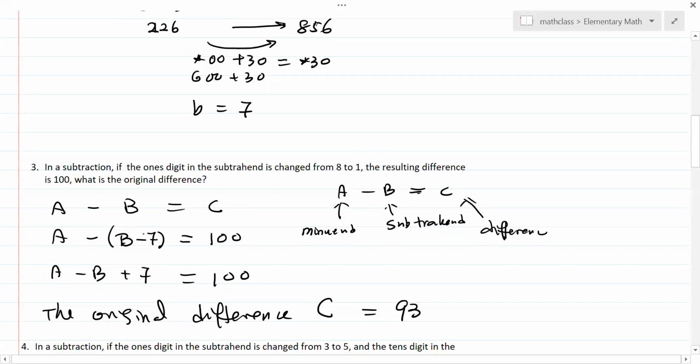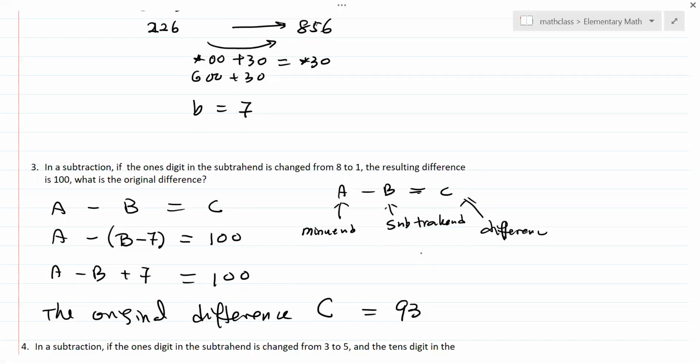Yeah, if you don't want to use A and B, that's okay. You think about that: I'm going to change the number, and if I decrease the second number, it actually increases the difference. Decrease by 1, and the difference increases by 1.